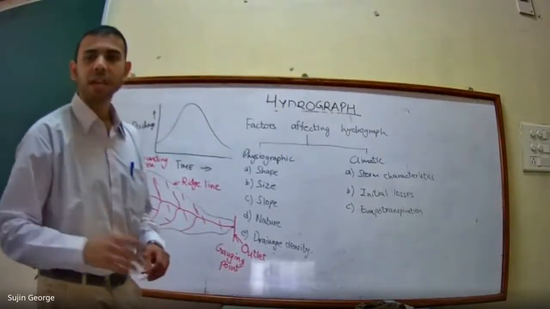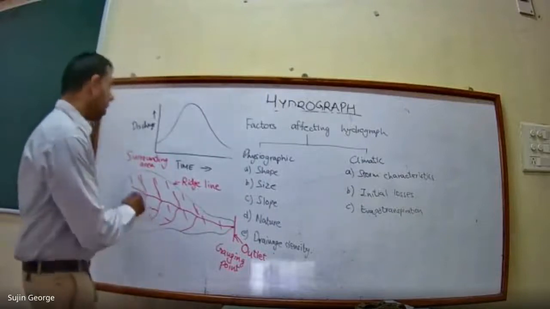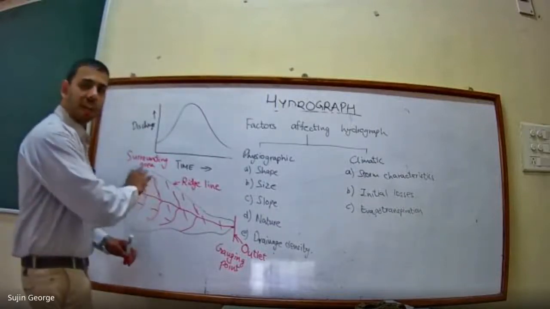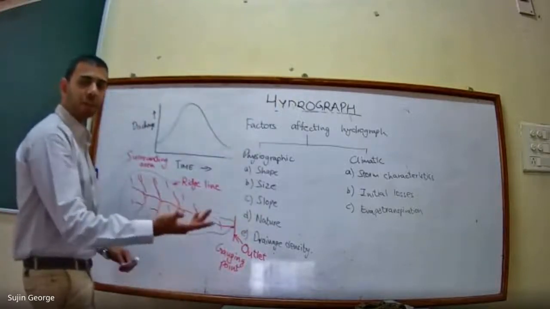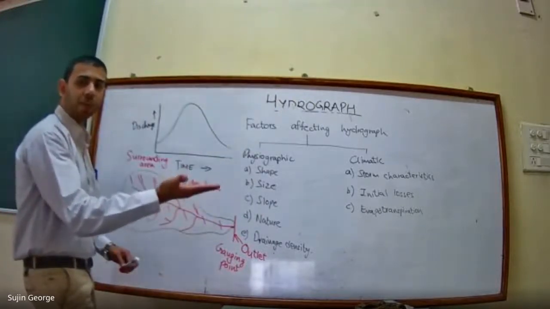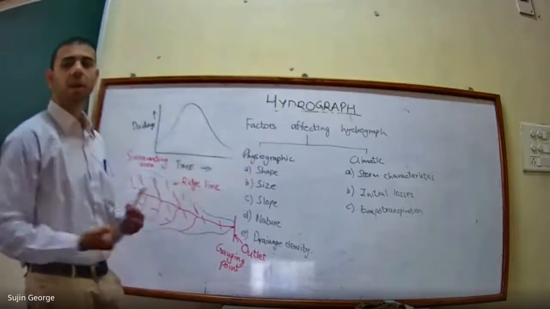Maximum discharge is calculated. So did you understand how this catchment is differentiated from the adjacent area? The catchment will always be at a higher level than the surrounding area.